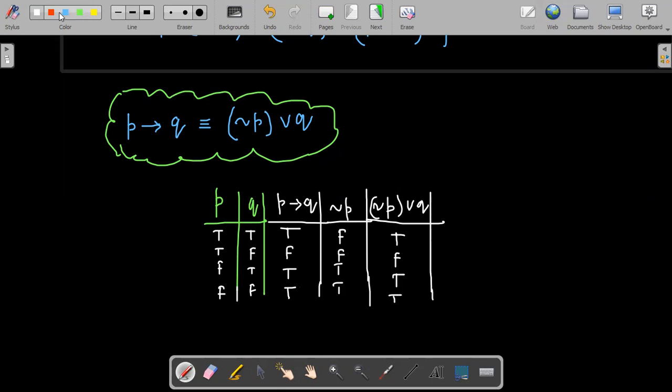I hope you understand that I am doing this or this. So you can see this column and this column are the same. So P implies Q in terms of OR is negation P or Q.